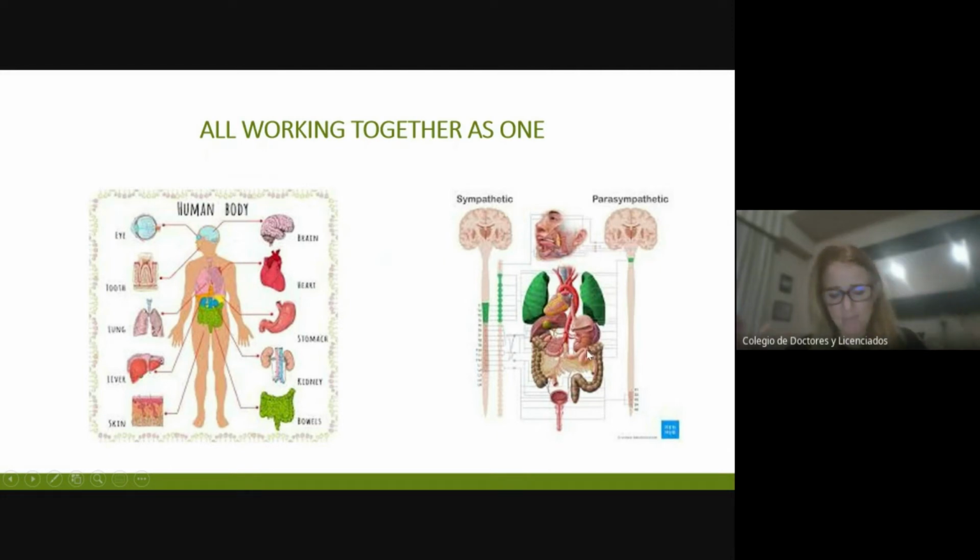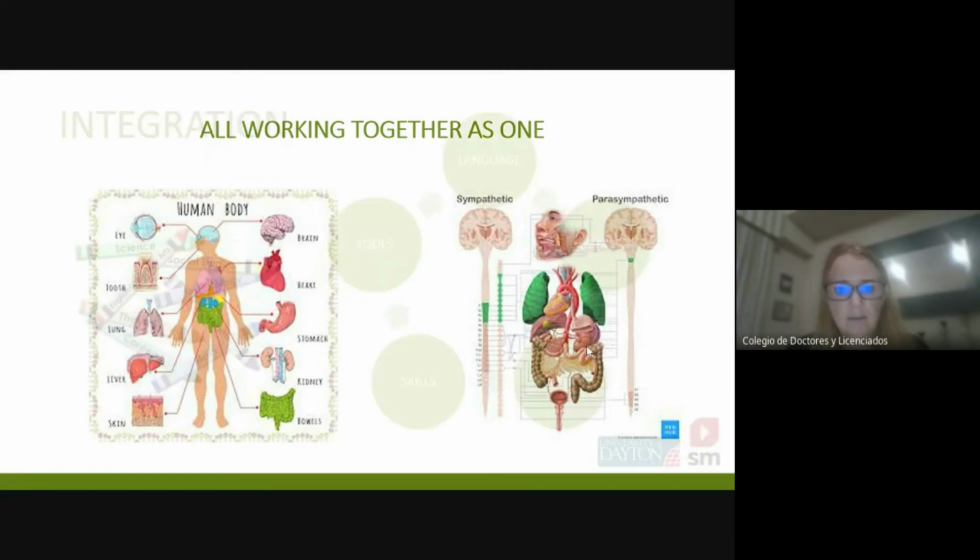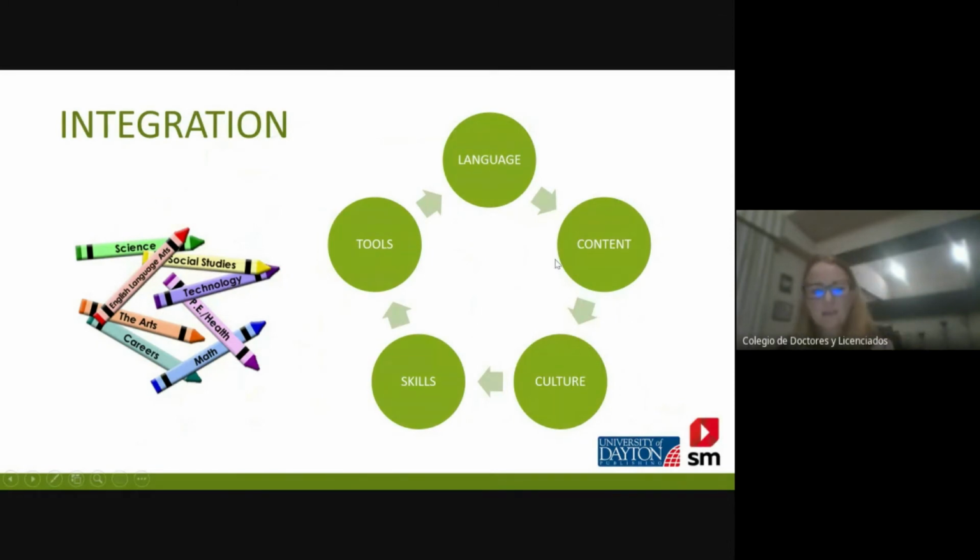And it's the same thing when we're talking about bilingualism. It all works together as one. It's not an English class, a science class, we go home. No, it's all integrated. And so what is it exactly that we're looking at when we talk about integration? Well, first of all, it's the language, the content. We've spoken a lot about this so far, and the culture.